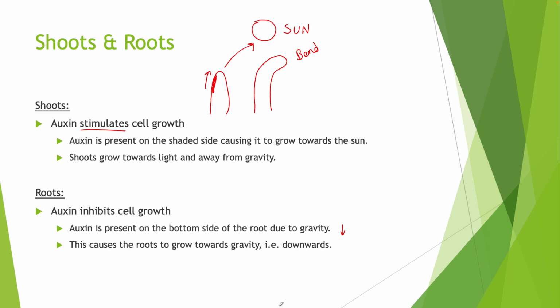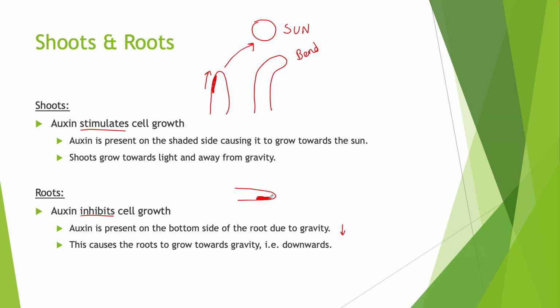That's why if we pull up our plant, we see the roots are growing downwards. If I show you an example, let's say we had a root over here, and because of gravity, the auxin will be present on the bottom side. So there's our auxin. Okay, now in roots, auxin inhibits cell growth.